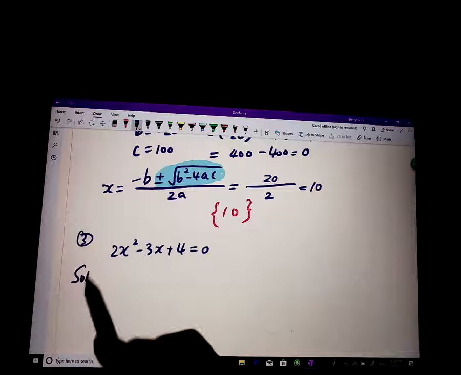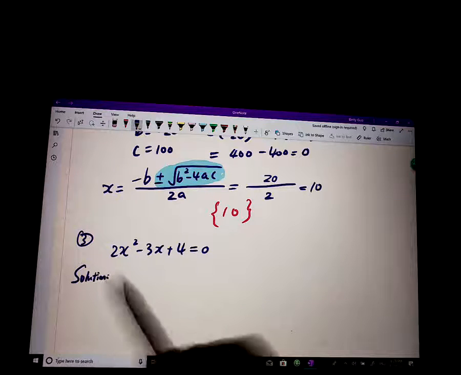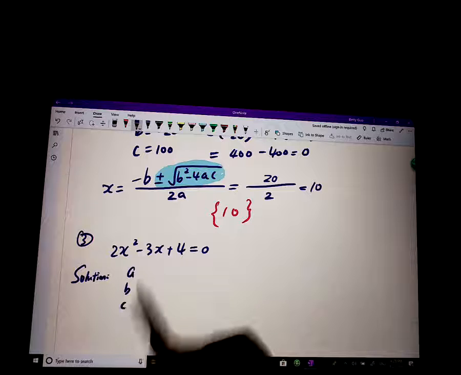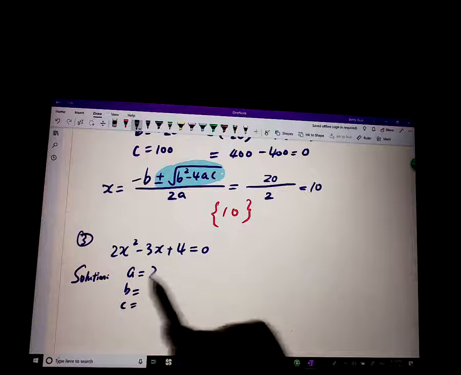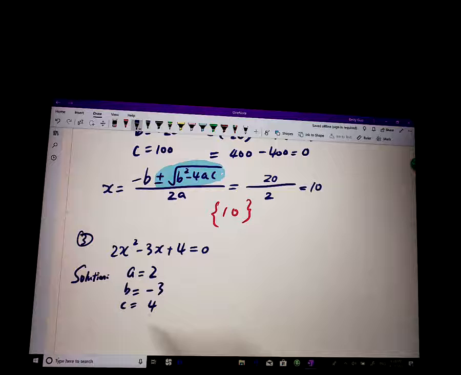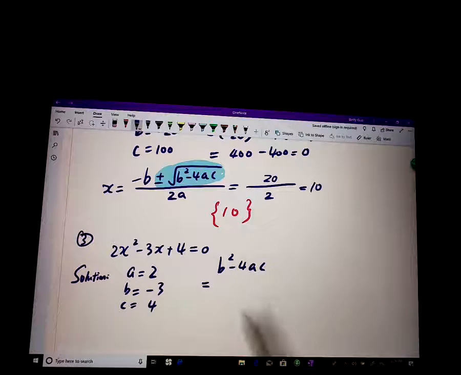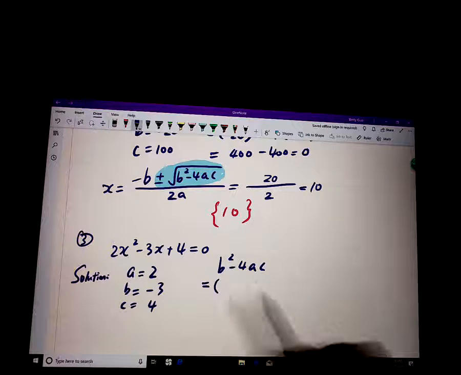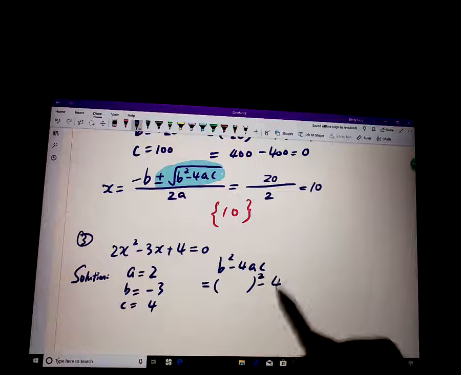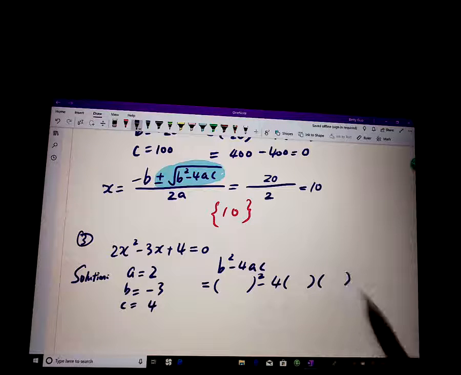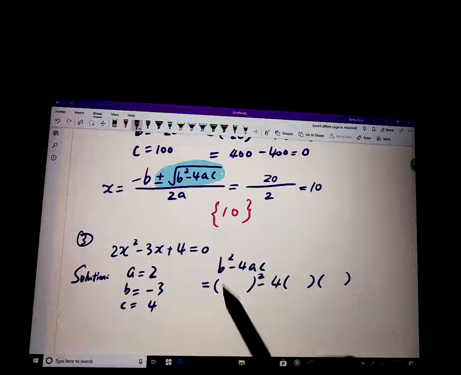Same thing. We need to identify A, B, C. What is A? B, C, right? And then we go ahead and find the value for the discriminant, B squared minus 4AC. Again, this is the way I evaluate the expression, the discriminant. I use the parentheses to hold the place for ABC, and then put the values for ABC inside.